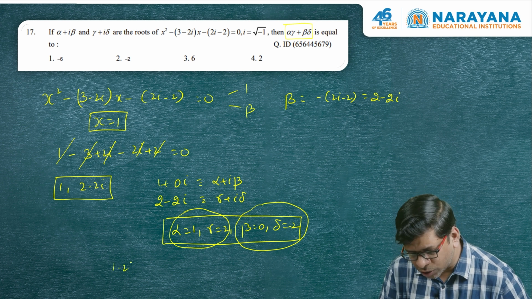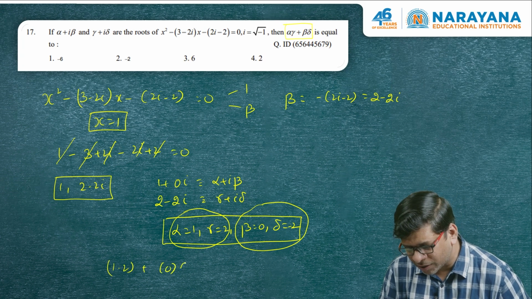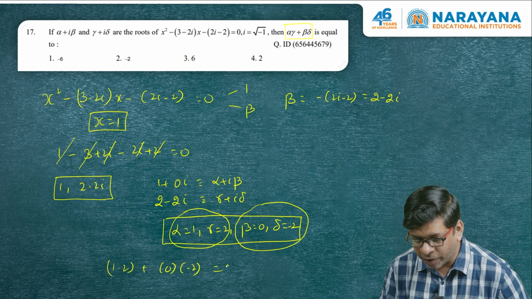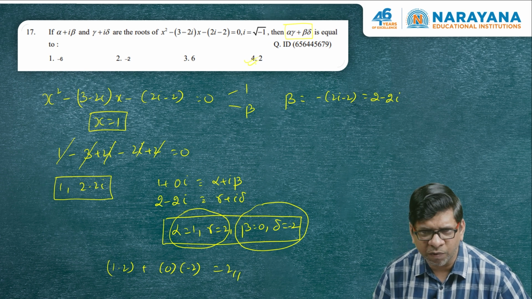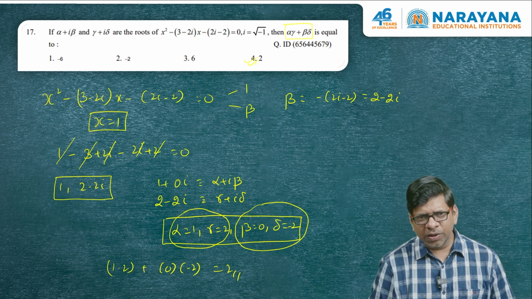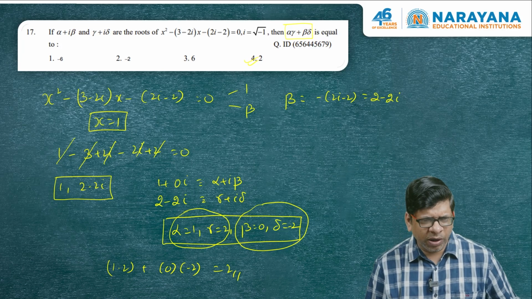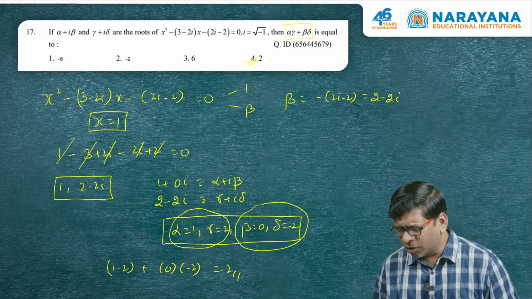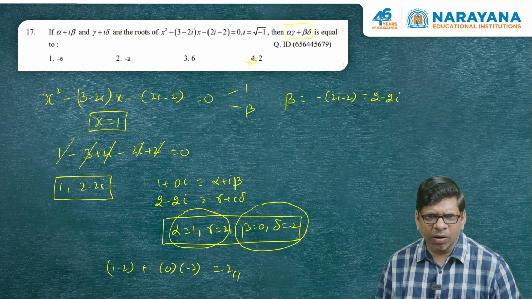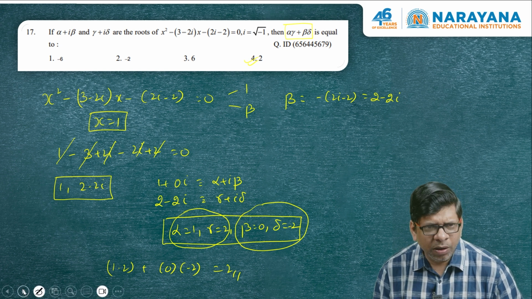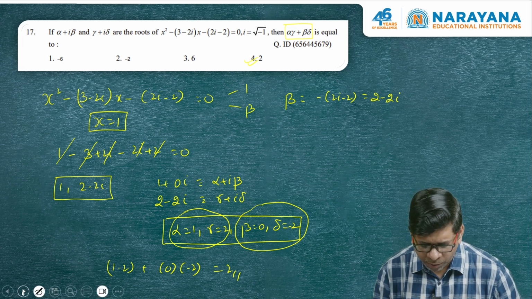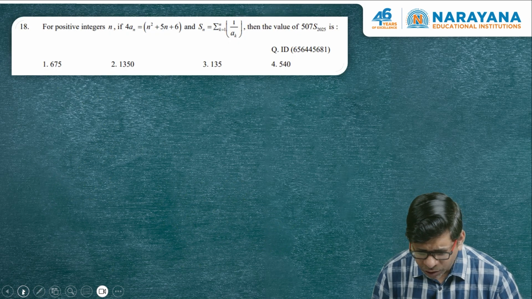So there is no change in the answer if you take one of them as alpha and the second as gamma. Final answer is 2, which is option number 4. So observation is very important for this question. Even if you solve with the quadratic formula, it won't take much time. But for such types of questions you should always observe that one of the roots can directly be found from the given form of the equation.